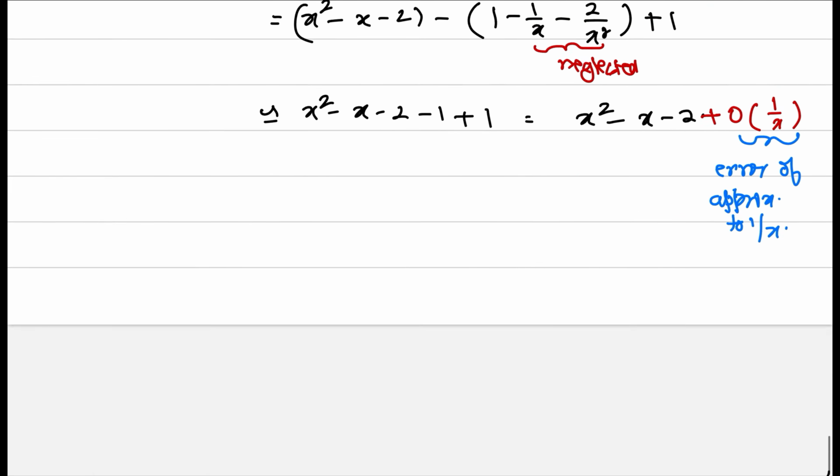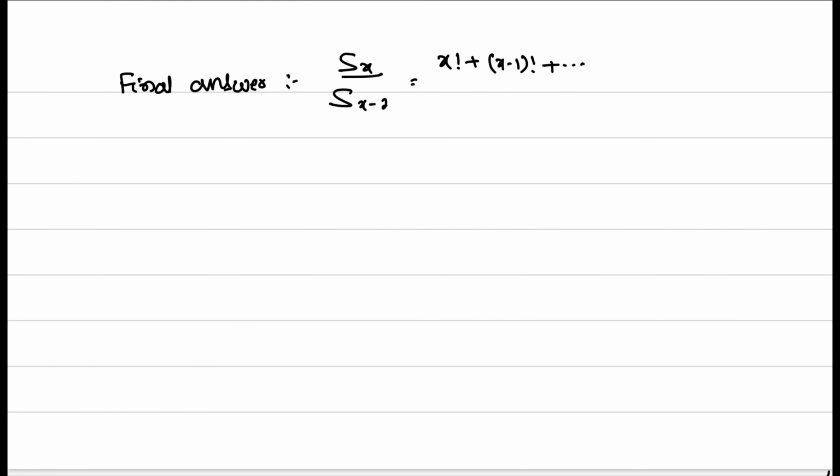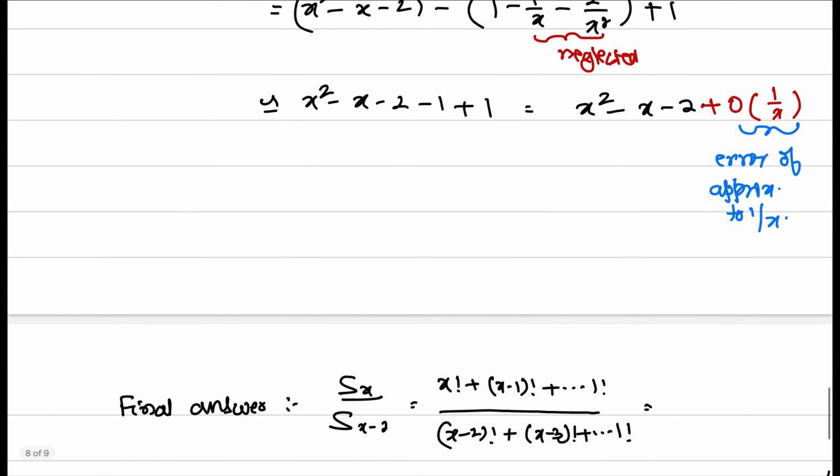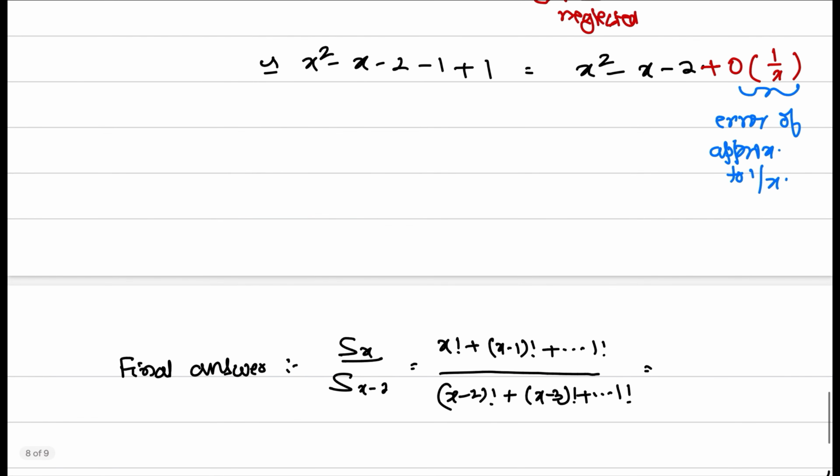Hence, the final answer is Sx by Sx minus 2 is equal to factorial x plus factorial x minus 1 up to 1 factorial, divided by factorial x minus 2 plus x minus 3 factorial up to 1 factorial, is equal to x square minus x minus 2.